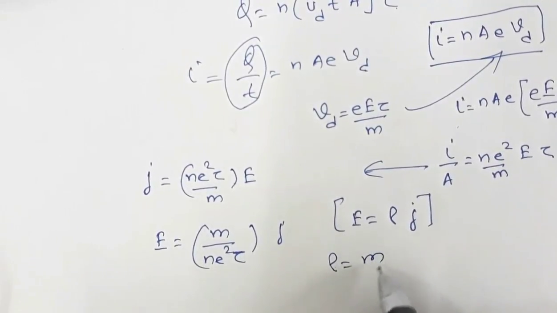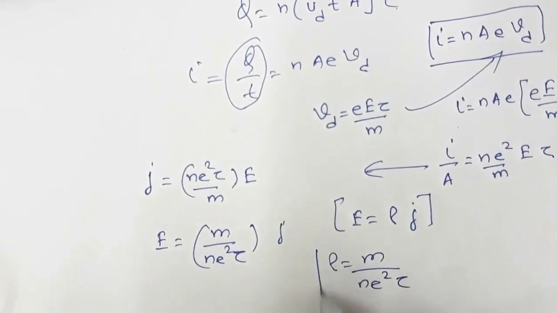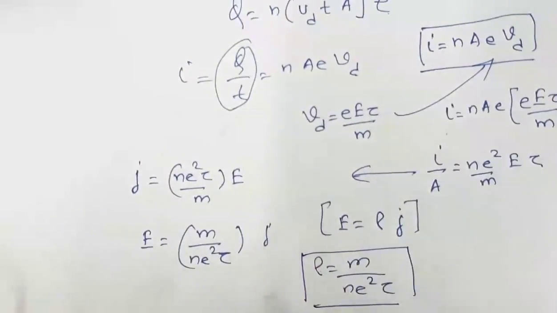Rho is equal to m by N e square tau. So this is the expression for resistivity.